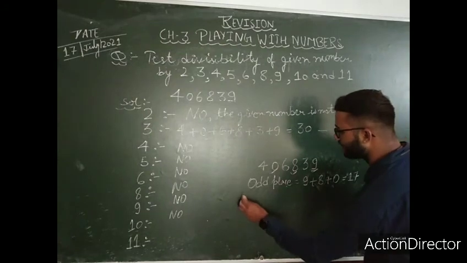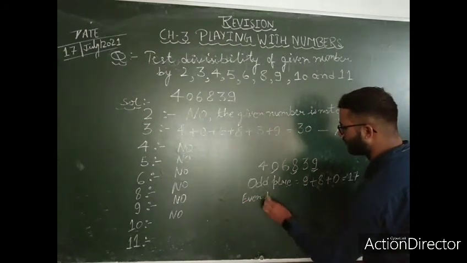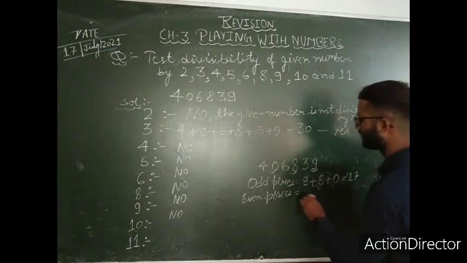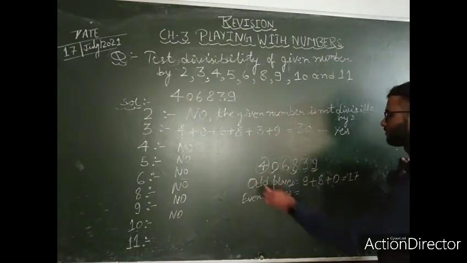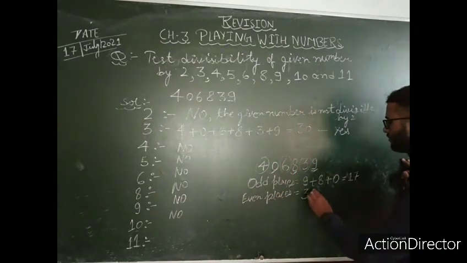Now we add digits in even places. So here 3, 6 and 4. We add 3 plus 6 plus 4, and we get 13 here.